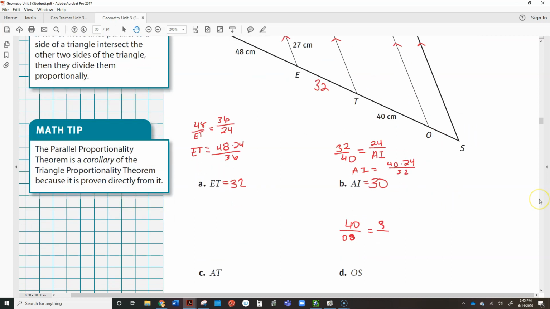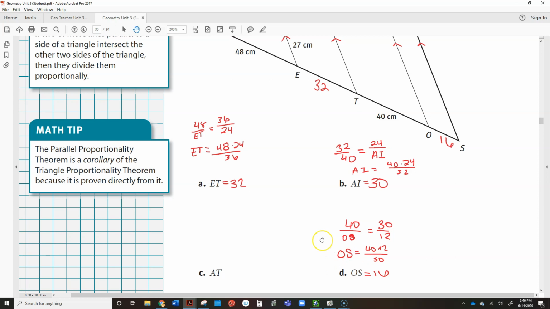So we'll put 30 on top and 12 on bottom. Cross multiply: OS is equal to 40 times 12 divided by 30, that gives me 16. So OS is equal to 16.